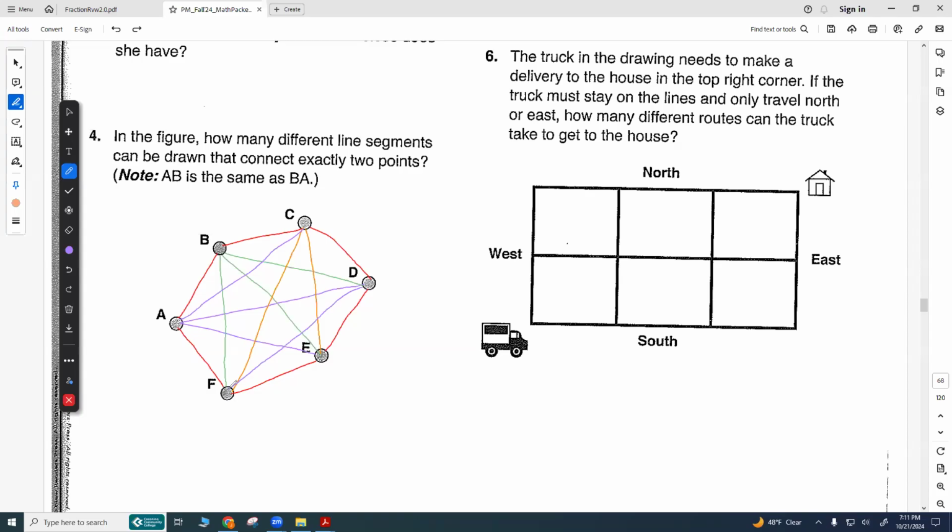Everything's connected to E. Oh, okay, 20. For each of the first 5 actions, there are 4 possible second actions. I think we were getting there. I said 21, so I was only off by 1.